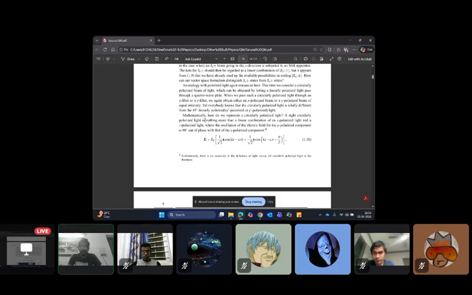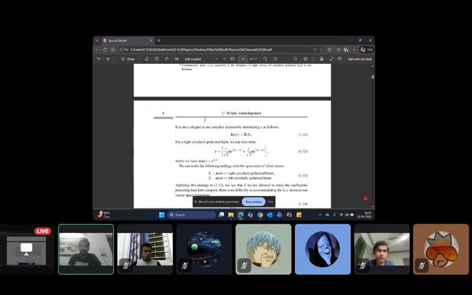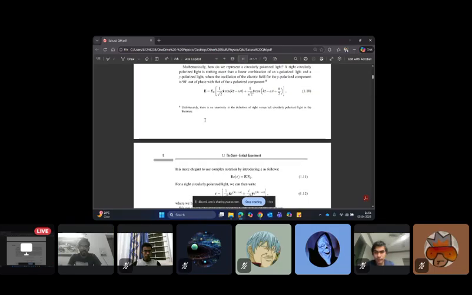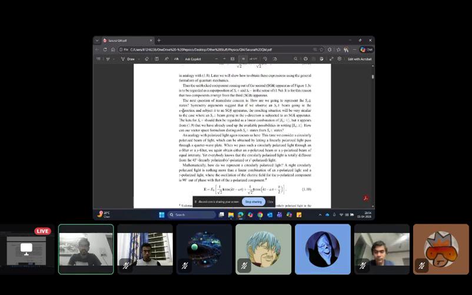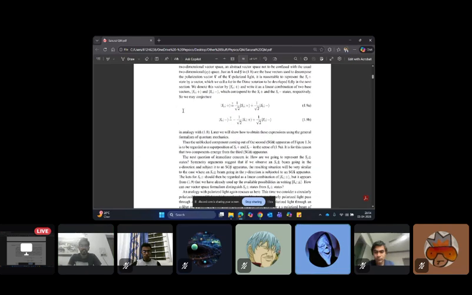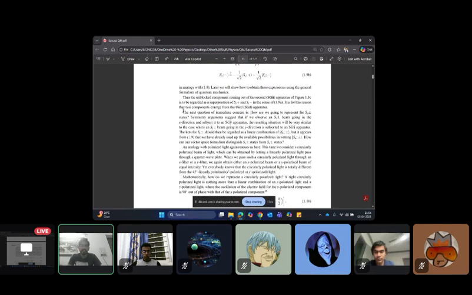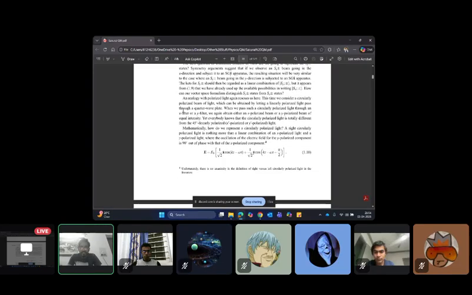Okay. You want to take a break or you want to continue? I can continue, it's fine. Until the end of the section, yeah. Just one thing. This is the equation for circularly polarized light, right?